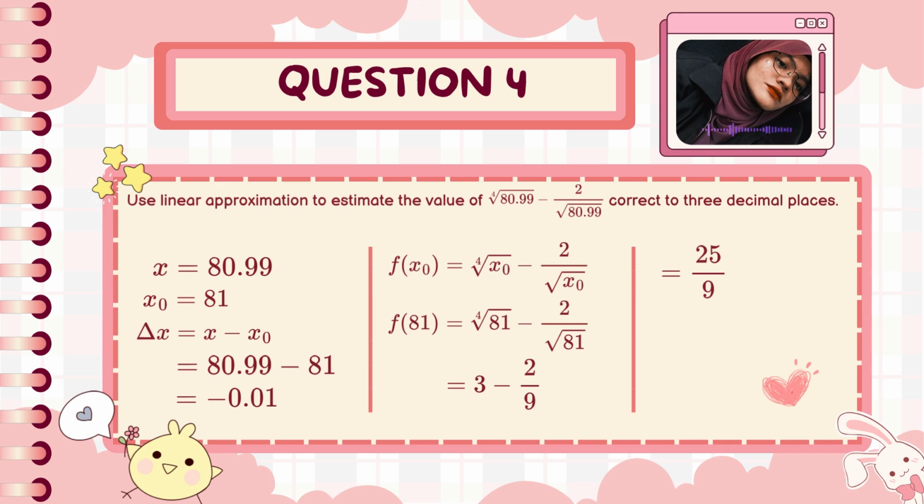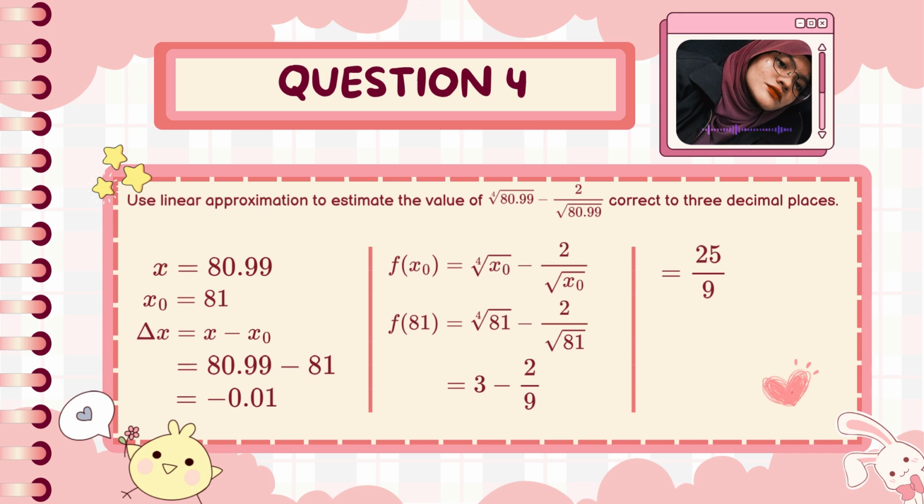Next, I will show you how to solve question 4, which is to estimate the value of fourth root of 80.99 minus 2 over square root of 80.99 correct to 3 decimal using linear approximation. For this question, first we need to find x sub 0 and delta x.